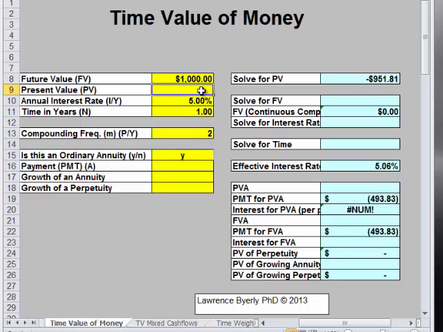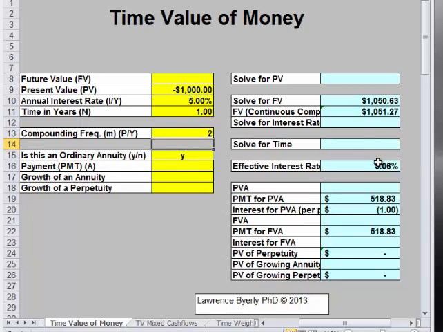As we do this, let's change this little scenario. Let's go to negative 1,000 as the investment instead of the present value. Now, as you can see here, with annual compounding, 5% is $1,050. But if you compound twice a year, there's more money there, an extra 63 cents.